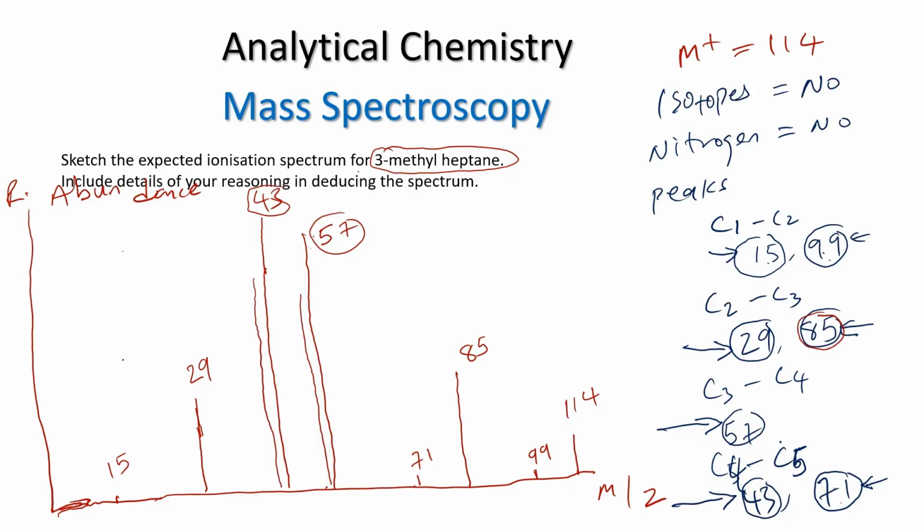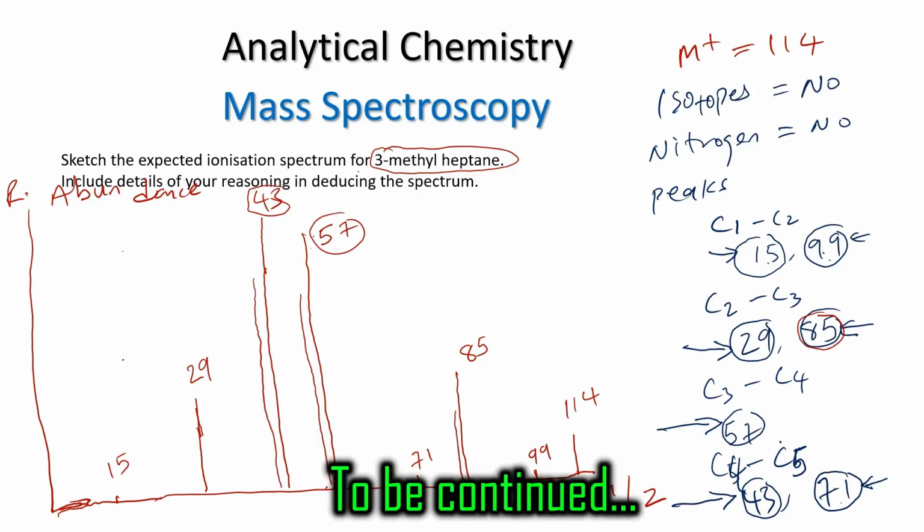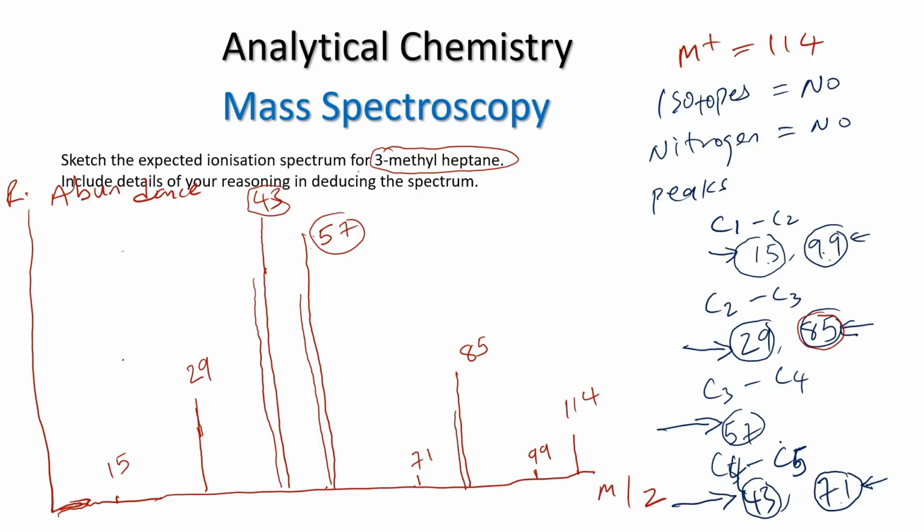You can also have a peak at 84 as a result of loss of hydrogen, and so on. You can also have 28. So this is a sketch of the spectrum of 3-methylheptane. I hope that makes sense.